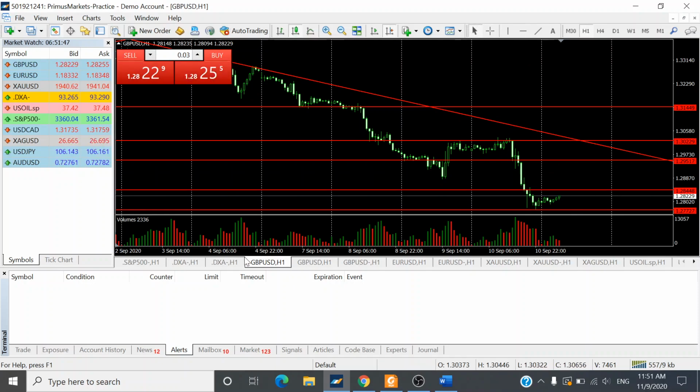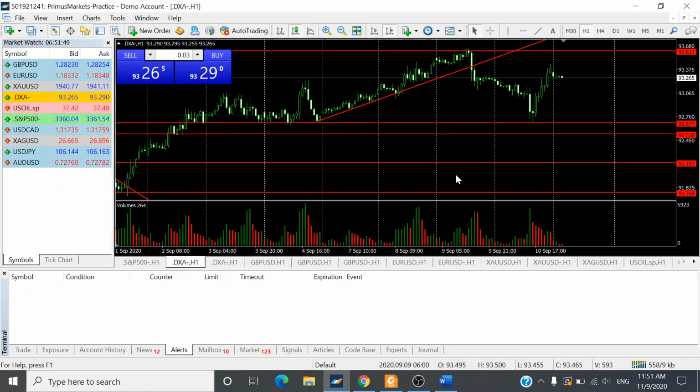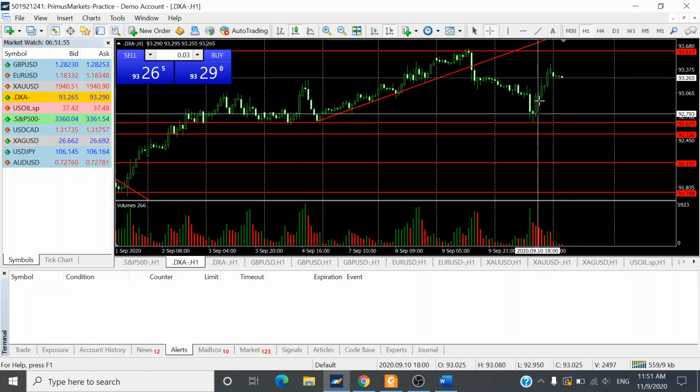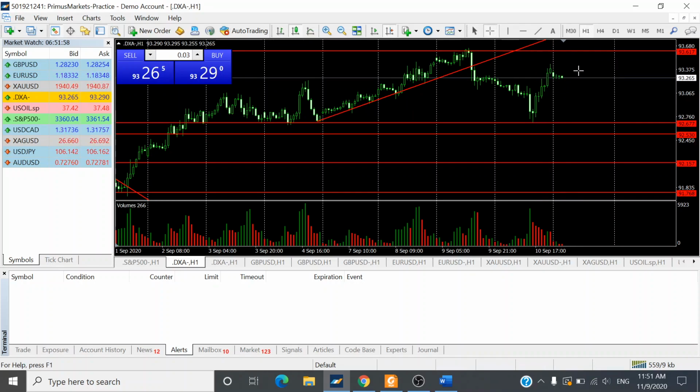Okay, so looking at the US dollar index and also the UK pound, if the US dollar index continues to strengthen from yesterday's bullish move, it could be heading towards 93.62 levels again to the upside.